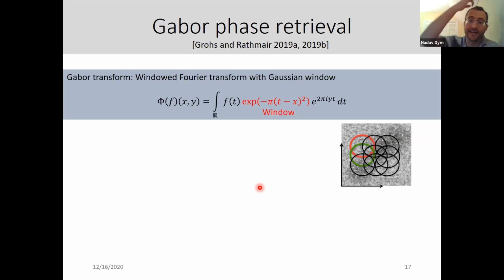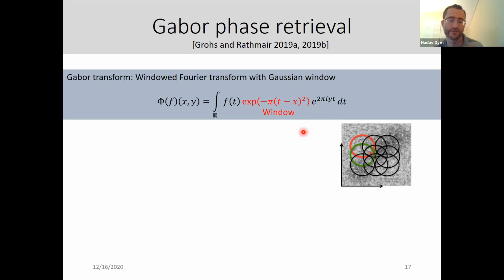Okay, so they did this specifically for Gabor phase retrieval. This means it's a windowed Fourier transform with a Gaussian window. So we have our signal f, which is, let's say, a one-dimensional signal. And we multiply it by some window at a point x. That gives us something concentrated around x, the Gaussian window in this case.